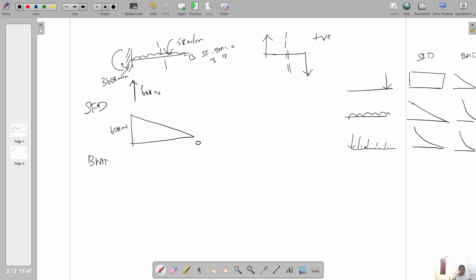Next, the BMD. For the BMD, we have only one moment. You mark this direction, this is head and tail. Tail means tension, it is indicating tension. So in a cantilever beam, the tension is always upward.